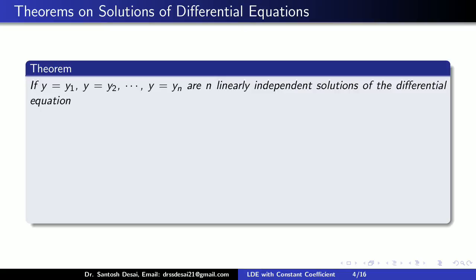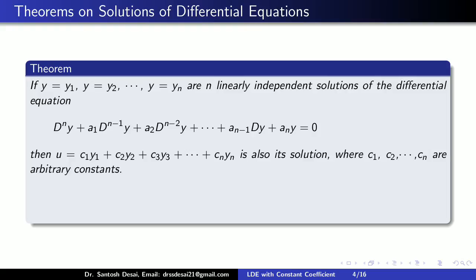If y is equal to y1, y is equal to y2 and so on y is equal to yn are n linearly independent solutions of the differential equation D^n y plus a1 D^(n-1) y plus a2 D^(n-2) y plus and so on plus a(n-1) Dy plus an y is equal to 0, then y is equal to c1y1 plus c2y2 plus c3y3 plus and so on cnyn is also its solution, where c1, c2 and so on cn are arbitrary constants.